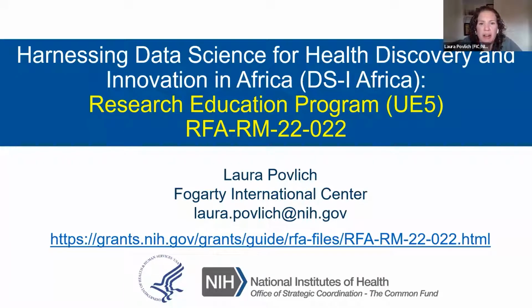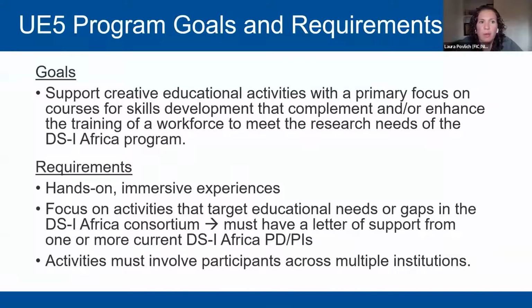So this is RFA RM22-022, or the DSI Africa Research Education Program. It uses a UE5 activity code, which I'll discuss a little bit later in this slide deck. The goal of the UE5 is to support creative educational activities with a primary focus on courses for skills development that complement or enhance the training of a workforce to meet the research needs of the DSI Africa program.